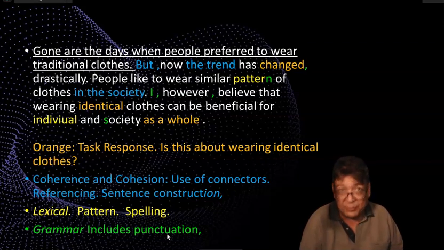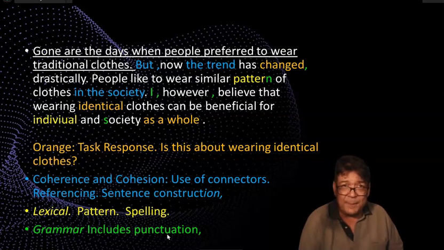And it would be plural, patterns of clothes in the society. The in the society is unnecessary in this sentence. I, space, comma, however, space, comma, don't put those spaces in there. I, however, believe that wearing identical clothes can be beneficial for individuals, or the individual, and the society as a whole.